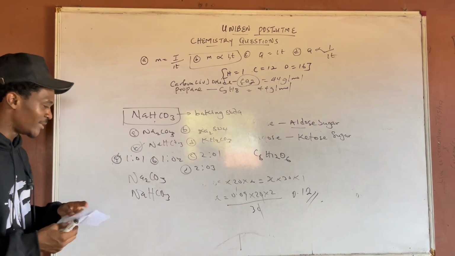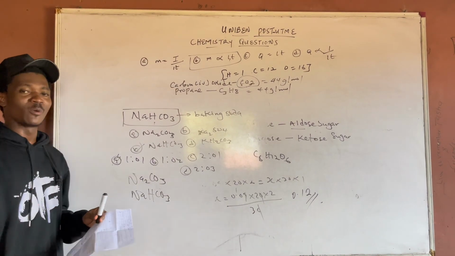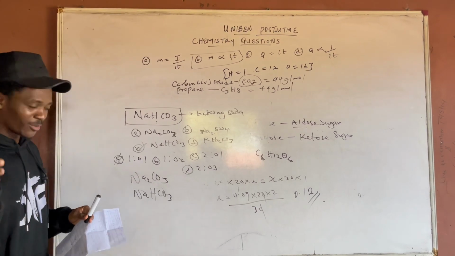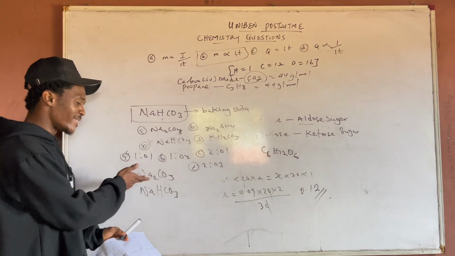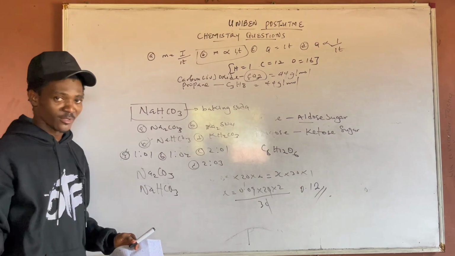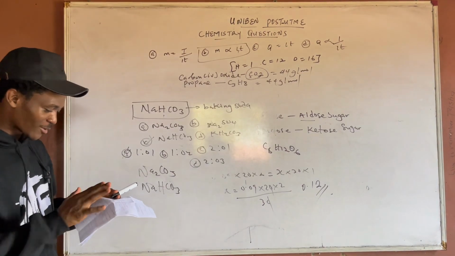The first thing to know is this: all sodium salt compounds are soluble salts. So dissolving in water, you cannot know which is which, because they both dissolve. So option B is out.